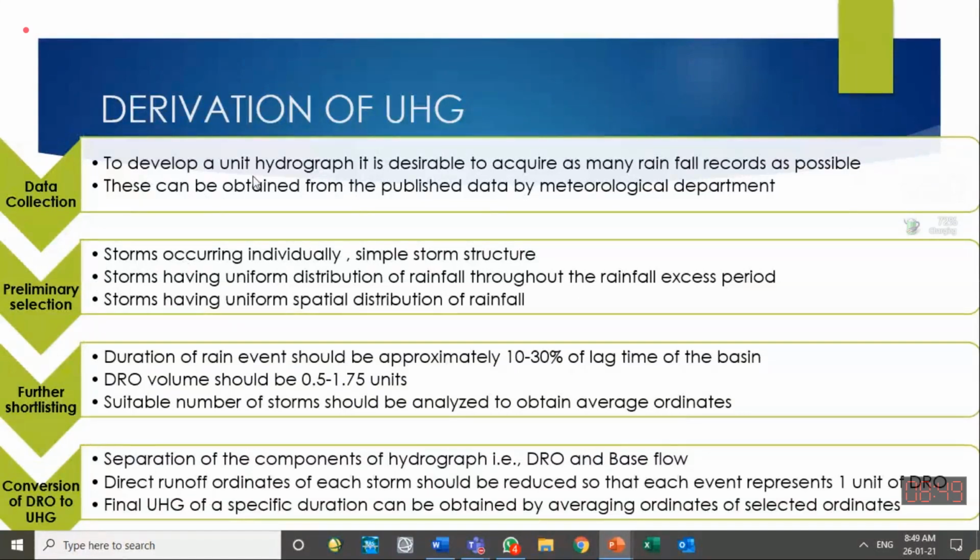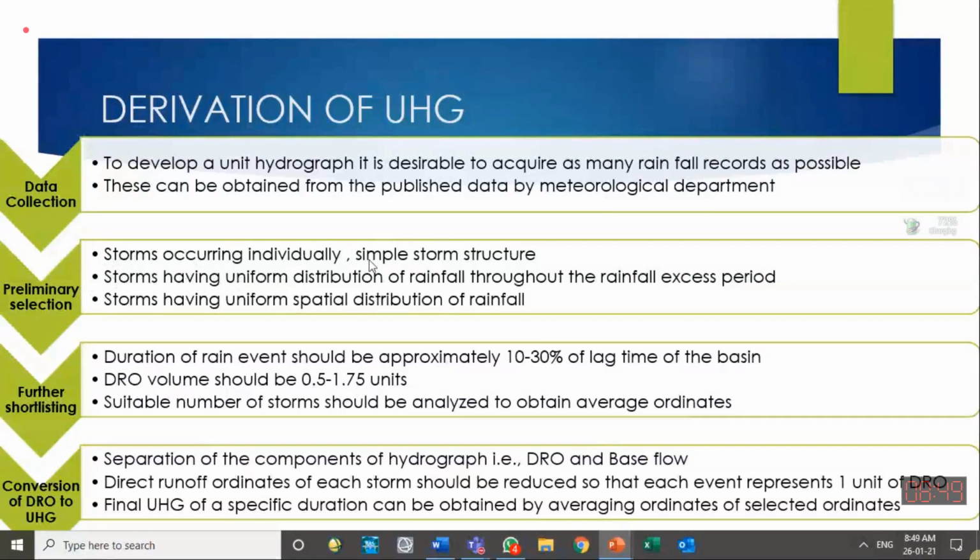So get as many hydrographs as possible. To develop a unit hydrograph, acquire as many rainfall records as possible of the same storm duration. This can be obtained from published data. The Meteorological Department, the Pakistan Met Department, and on the international scale the WMO, World Meteorological Organization, have made a database of meteorological readings.